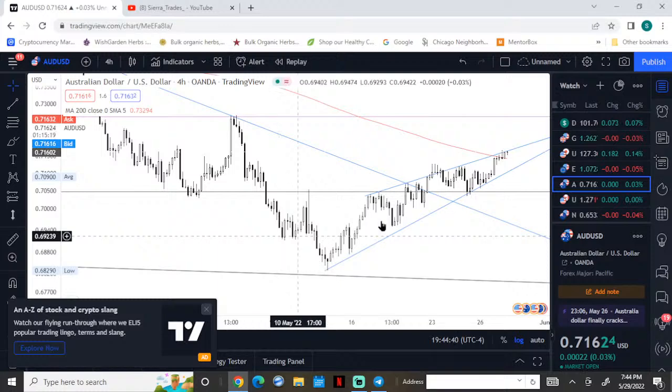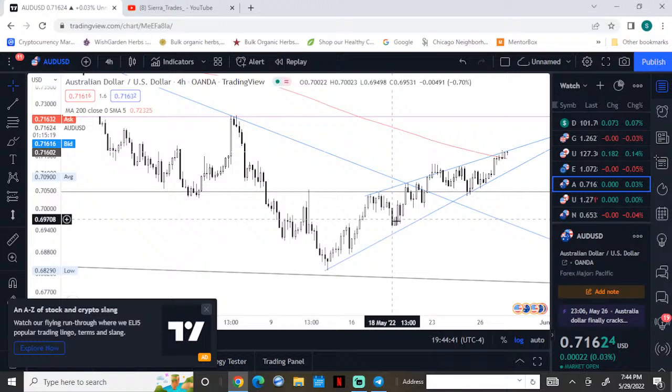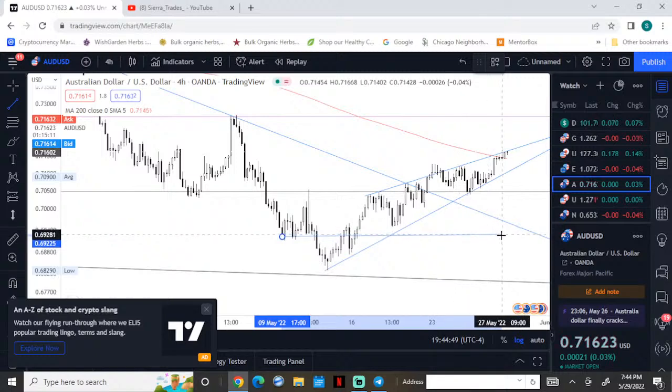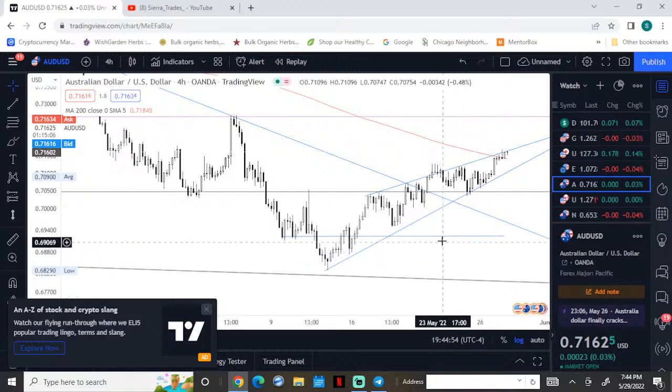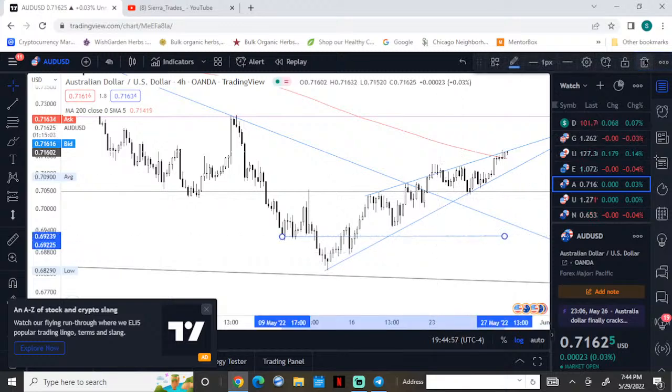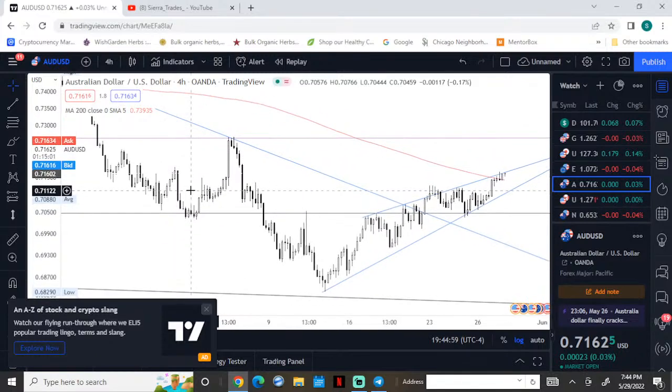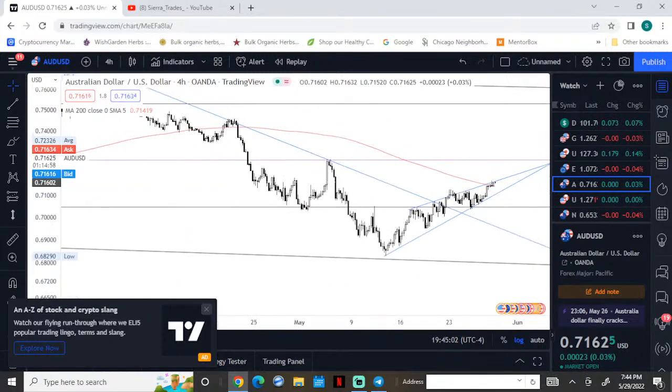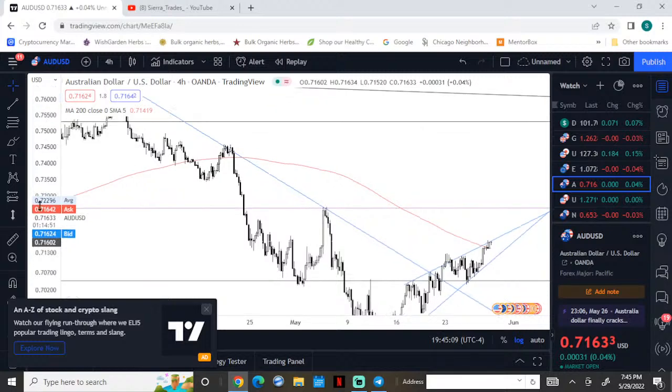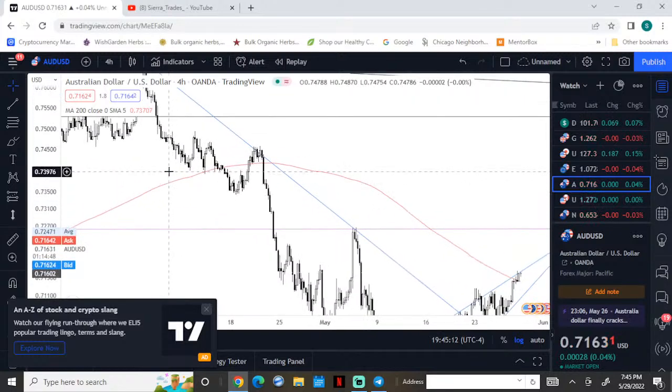Wasn't a quite clean retest. I am not going to keep that on my chart though. Let's see. And I'm going to mark this 4 hour zone.